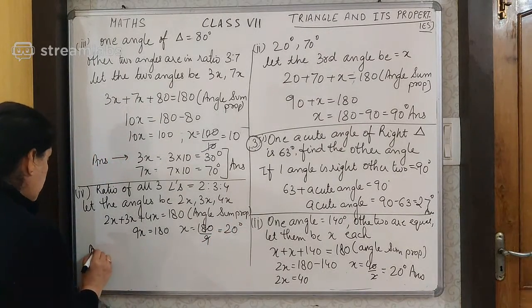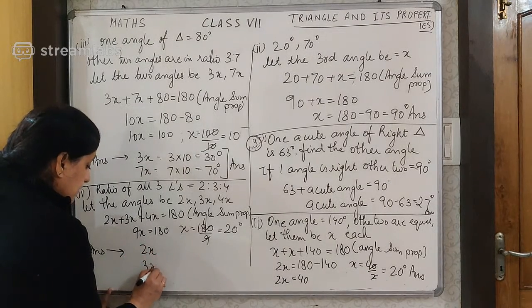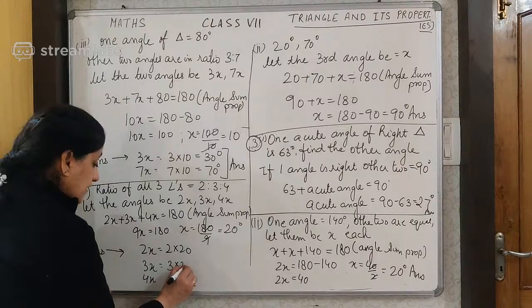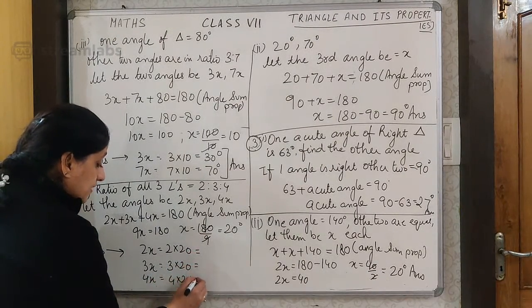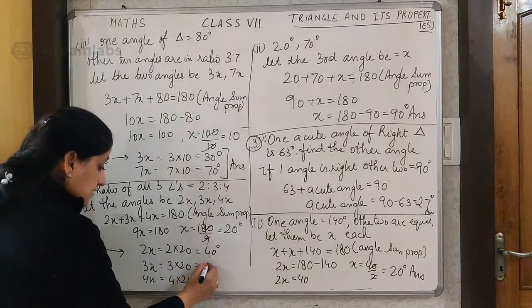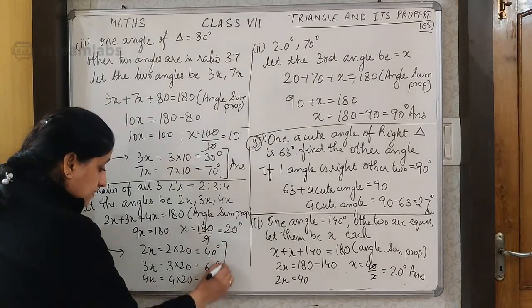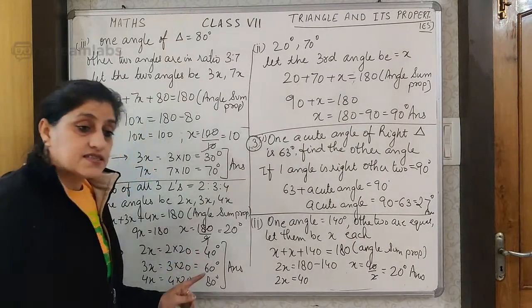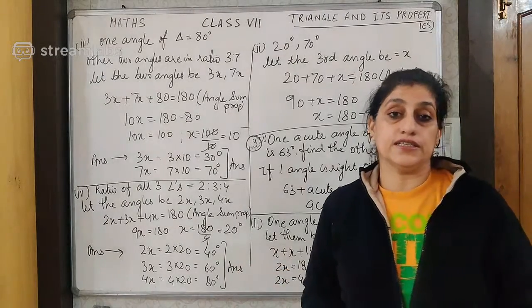So now my answer will be, I have to find all the three angles which are 2x, 3x and 4x, equal to 2 into 20, 3 into 20 and 4 into 20, which gives me 40, 60 and 80. And just to check the correctness of our answer, if I add these three, it should come equal to 180, and if I see it is coming equal to 180.